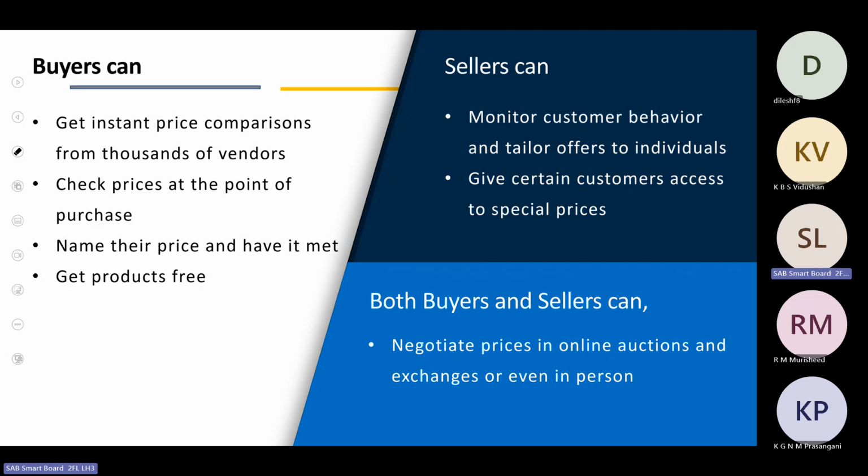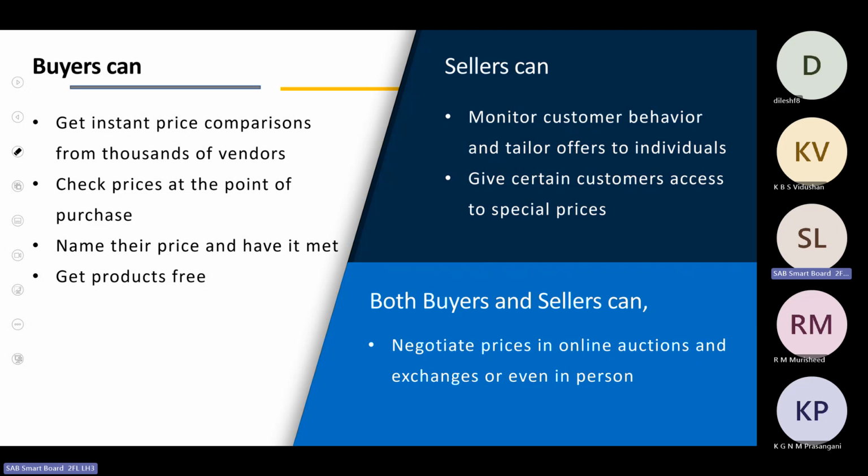Right, okay. See, now we can compare prices and see so many alternatives. We take prices at the point of purchase. And sometimes we can have some discounts, get products free, and sometimes bundle pricing. We can have so many things, which is digital pricing.